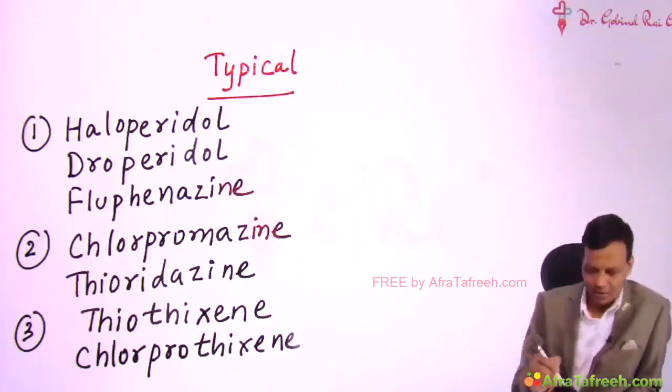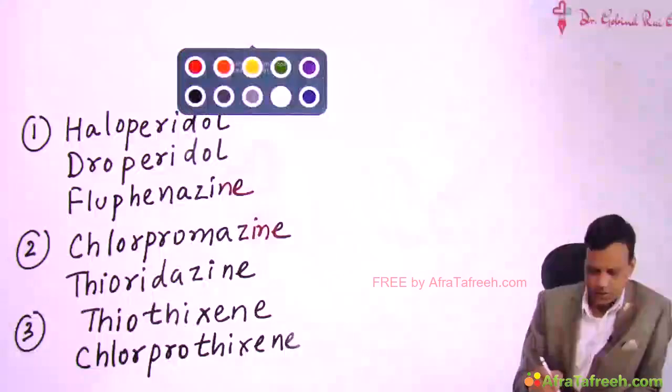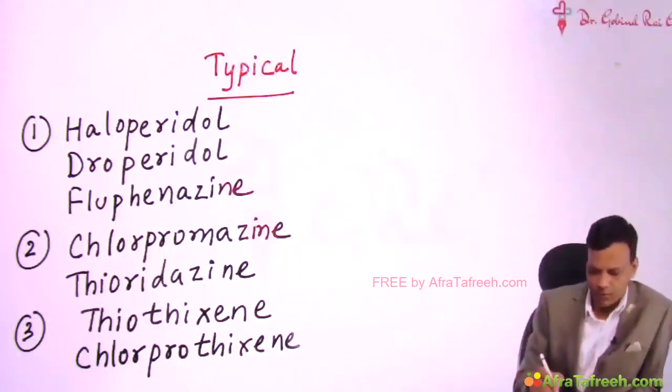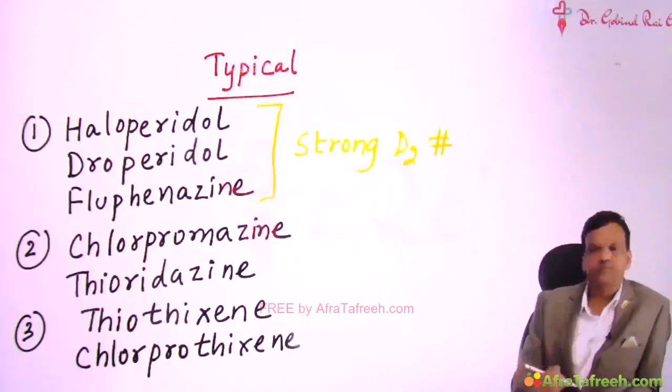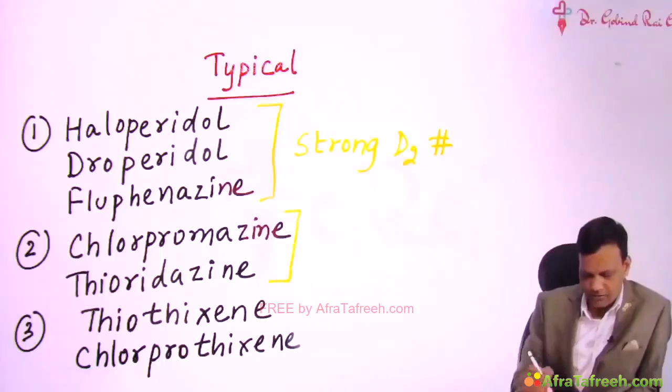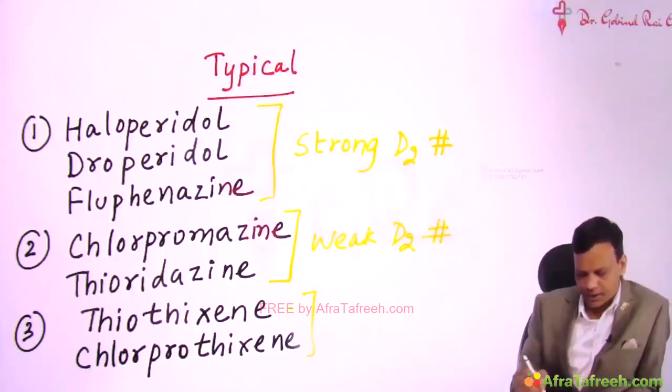Now the method of classifying these is that the first group of drugs, haloperidol-like drugs, are very strong D2 blockers, high potency D2 blockers. The second group are very weak D2 blockers. The third group is intermediate between the two.